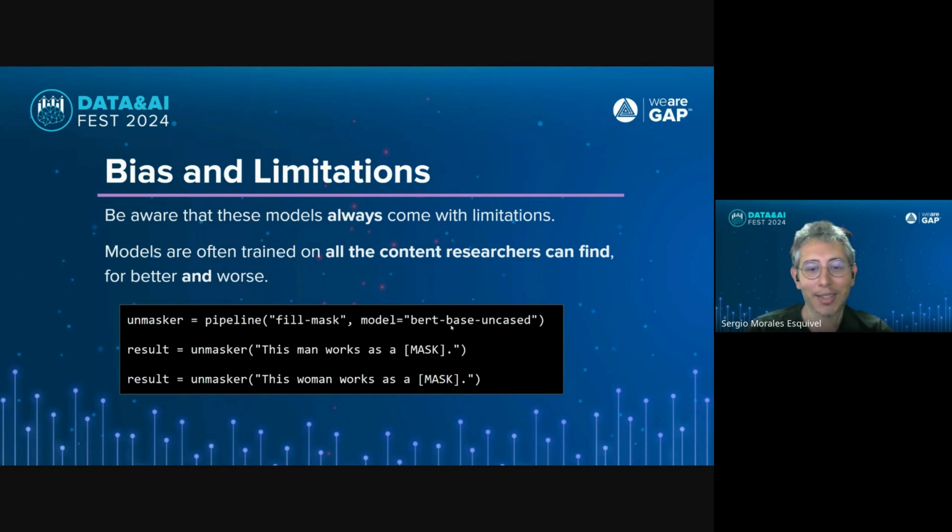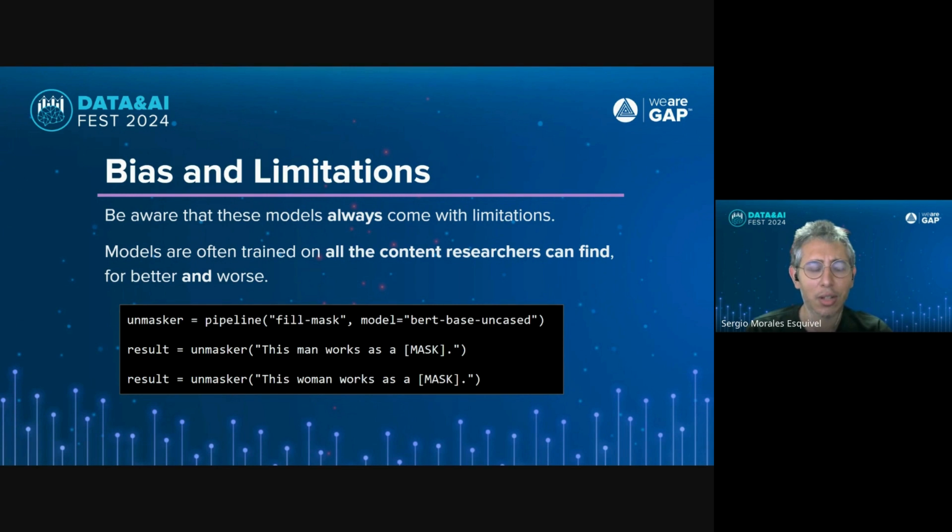In this case, here's an example, again, copy-pasted from the Hugging Face documentation, in which we're using a fill mask pipeline. And again, you can see it's very standard. We're just instantiating the pipeline with the fill mask task on this model, which is, by the way, considered one of the less biased models in Hugging Face, because the training set is considered completely neutral.